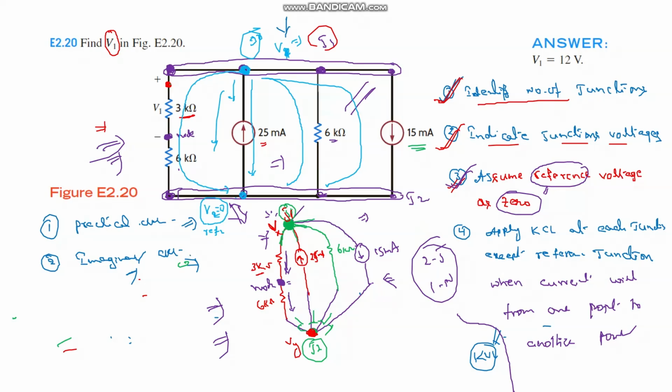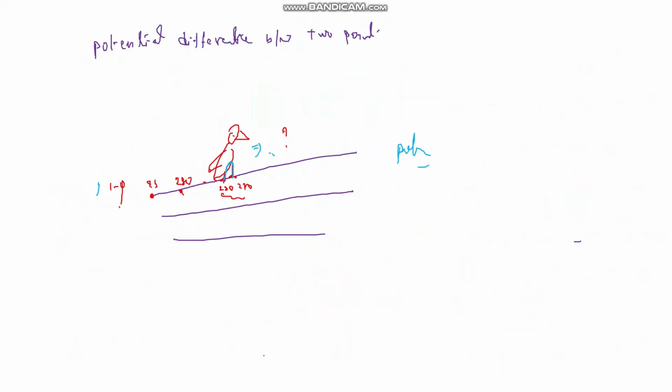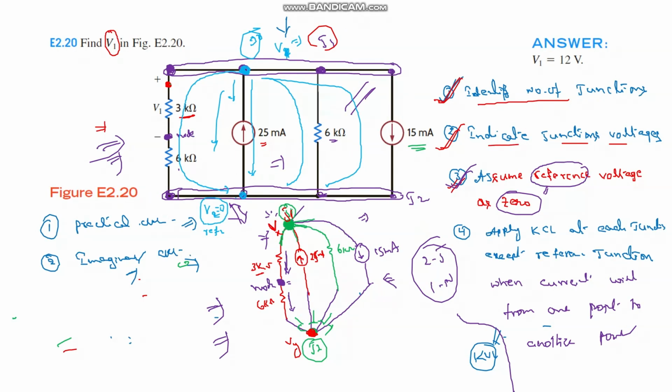So, according to point number 3, assume reference voltage as 0. In this circuit, V2 is 0 because I am assuming junction 2 as the reference.